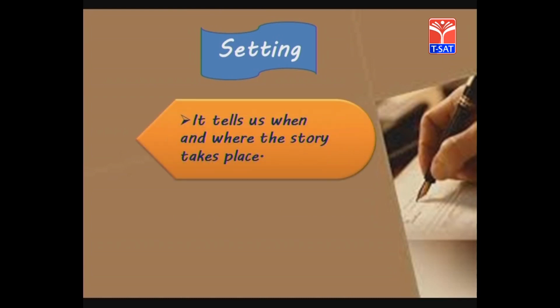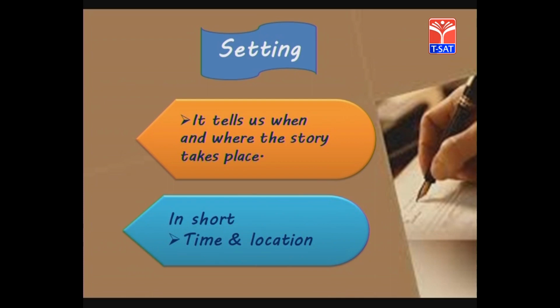It tells us where and when the story takes place, and in short we can say time and location. What I mean to say is, while writing a story, we have to concentrate on the environment of the story that we are going to put on.